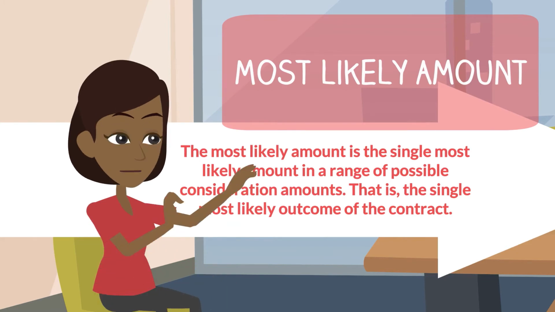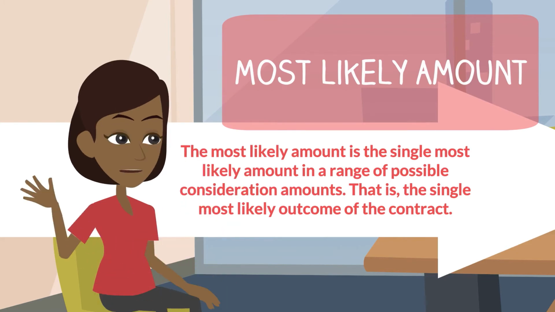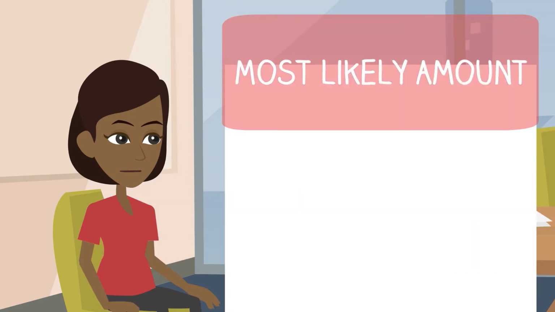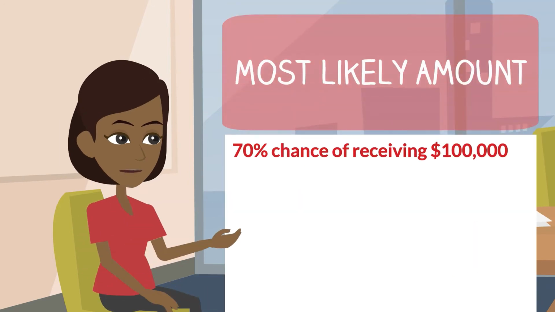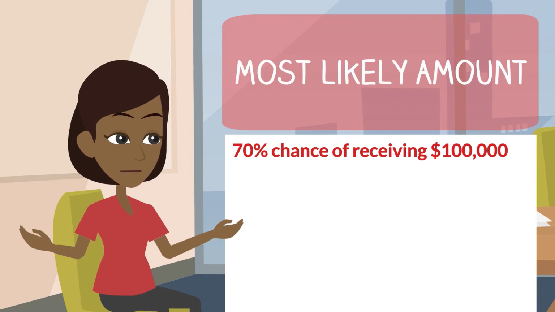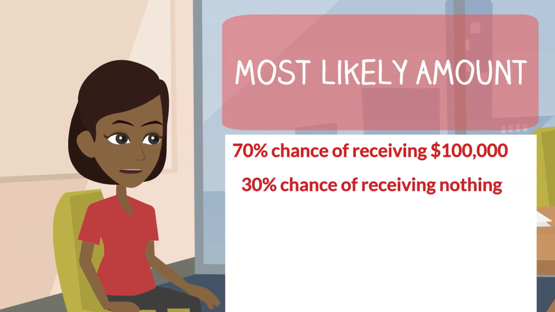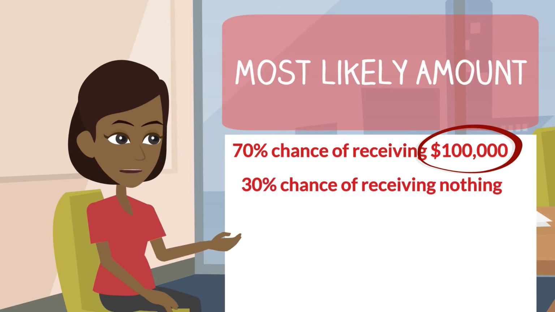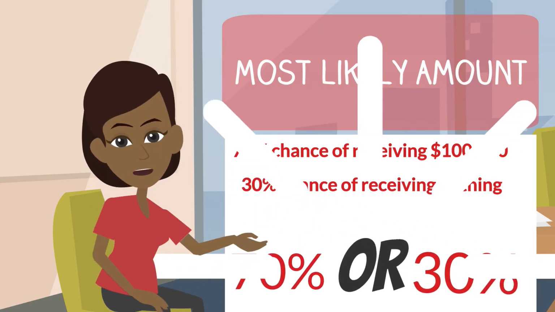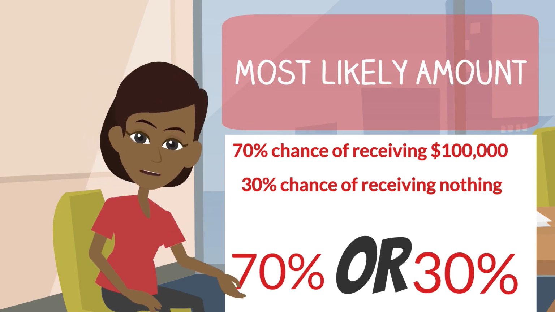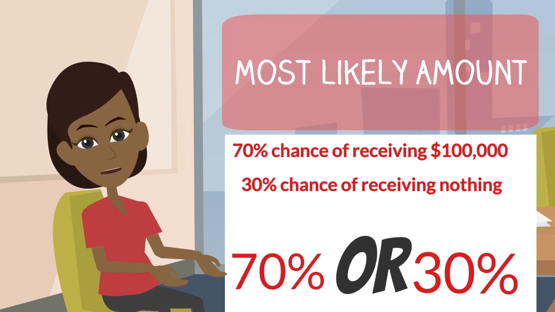In other words, it's the single most likely outcome of the contract. For example, assume a contract has a 70% chance of receiving $100,000 and a 30% chance of receiving nothing. The most likely amount is $100,000. This approach may be appropriate if the contract only has two or a few possible outcomes.